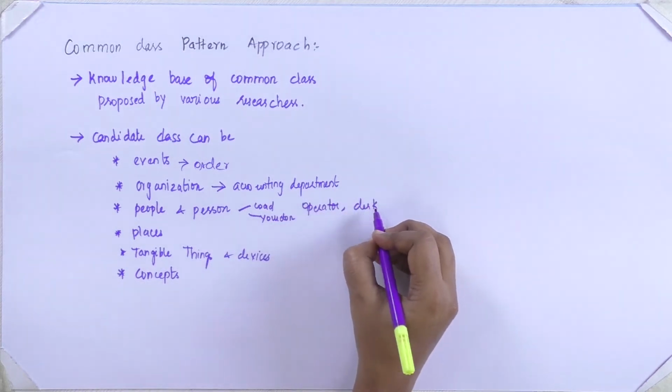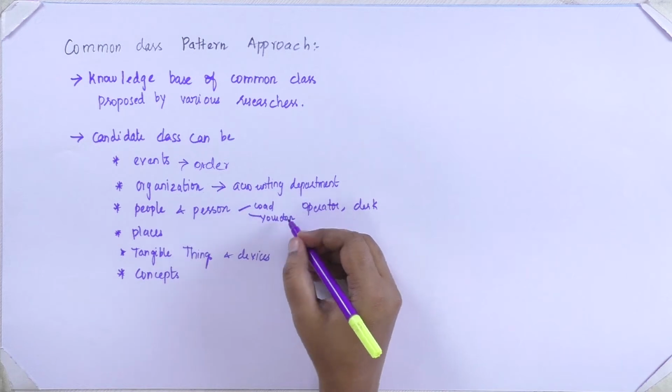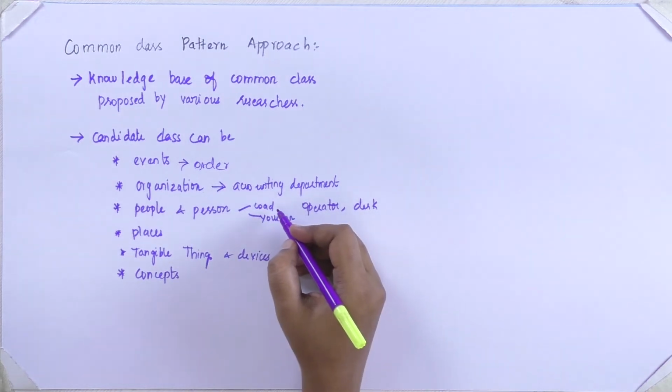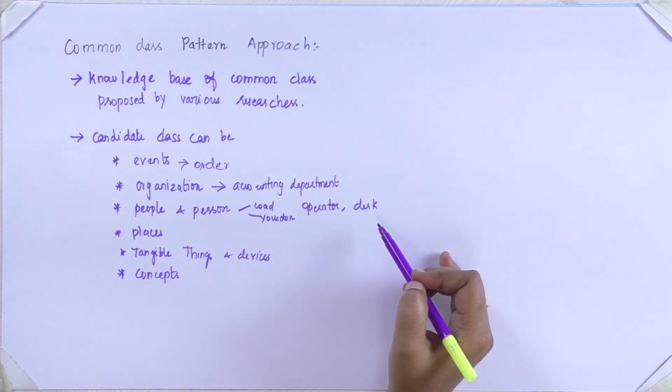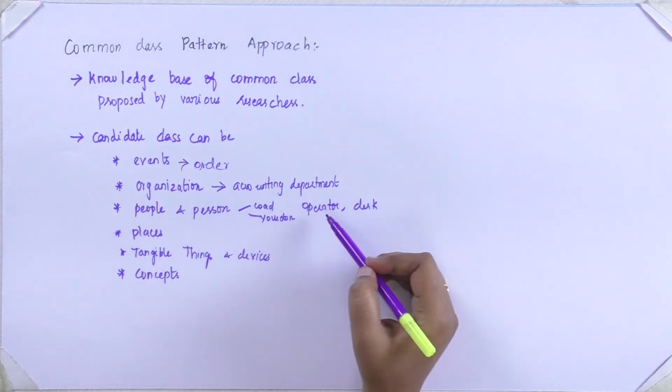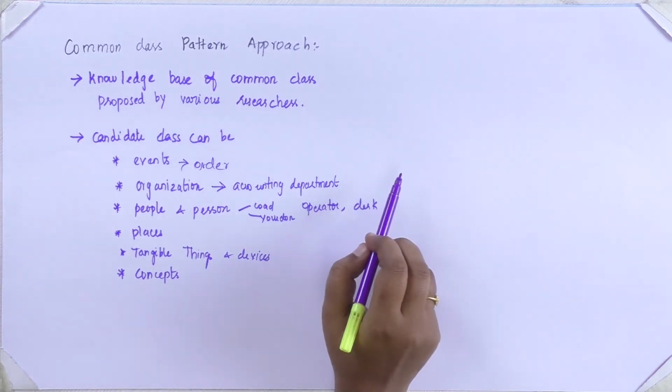Based on the work they are doing, based on the role they are performing in the system, you can divide the people into many categories. Each category comes under the candidate class. So if the person has a specific role, that role can be taken as a candidate class.